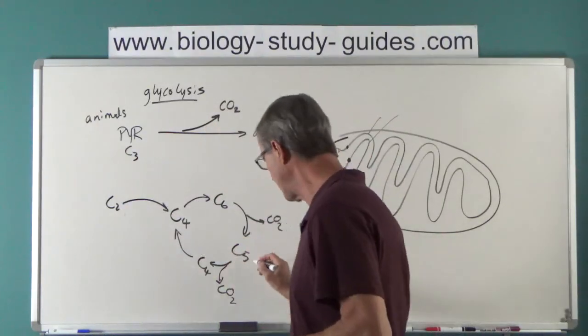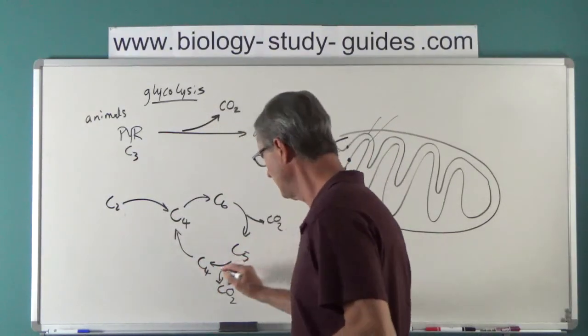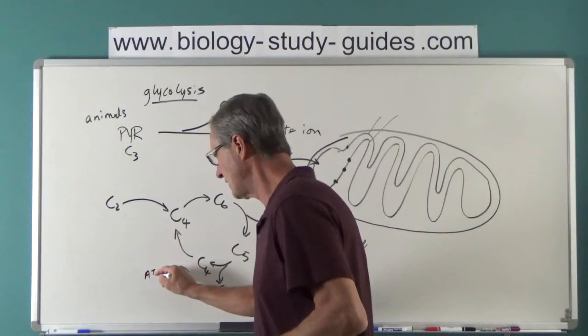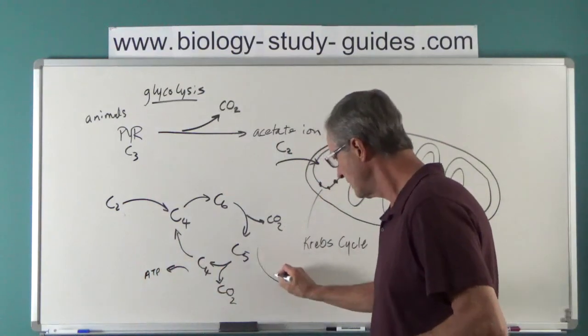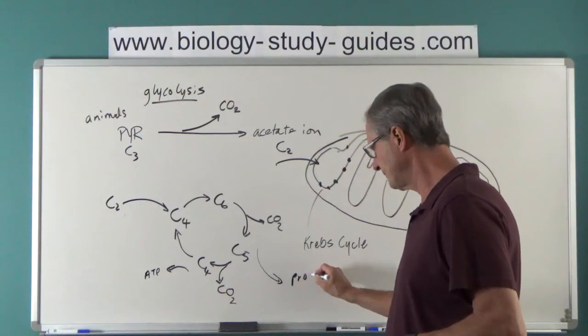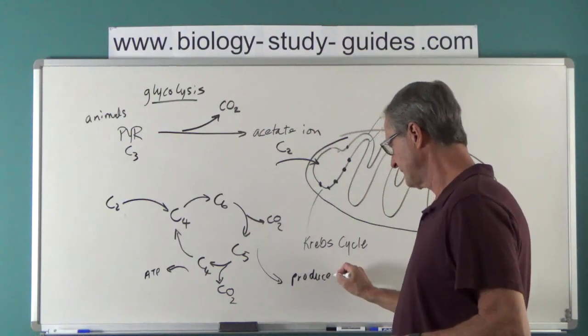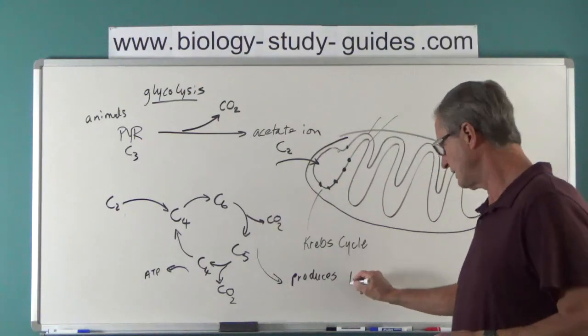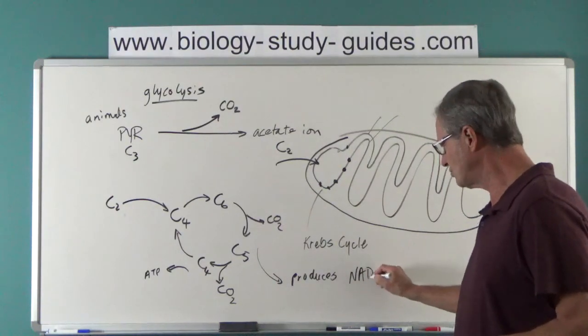We actually do get a little bit of ATP out of one of these reaction steps in here. So I'll just put ATP gets produced directly, but we also get, it produces NADH2.